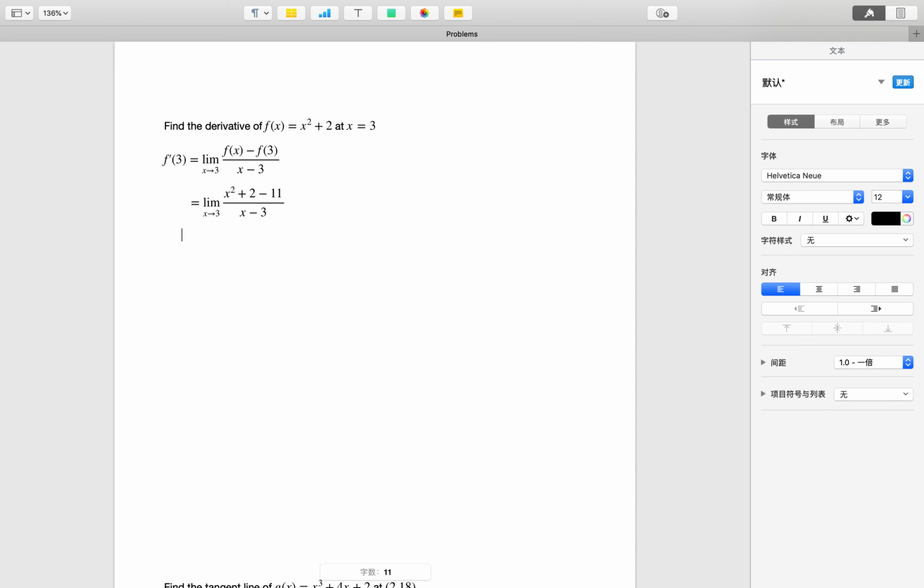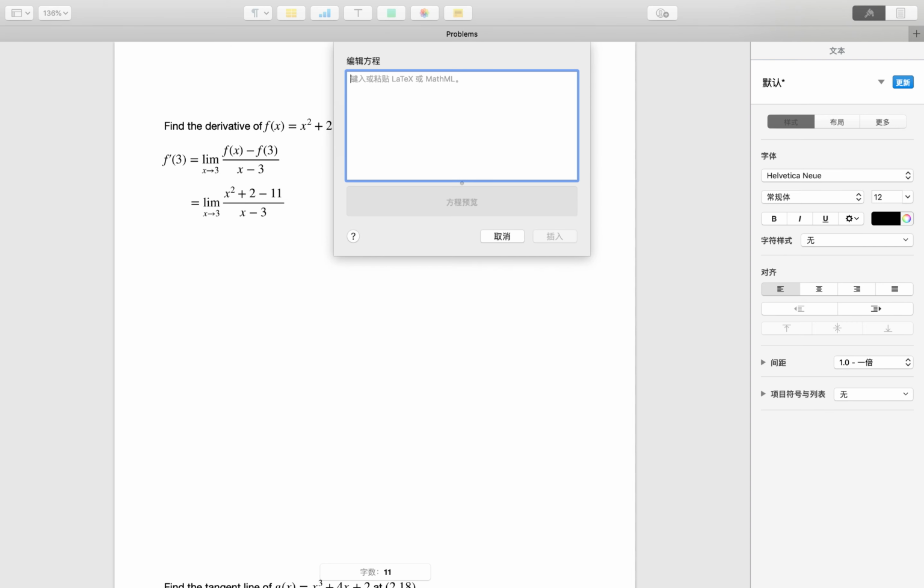And now you can easily see that the numerator of this limit is x squared minus 9, which equals x minus 3 multiplied by x plus 3. So the limit as x approaches 3 of x minus 3 times x plus 3 over x minus 3.